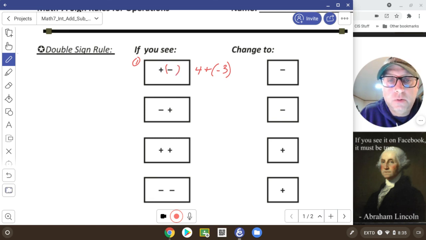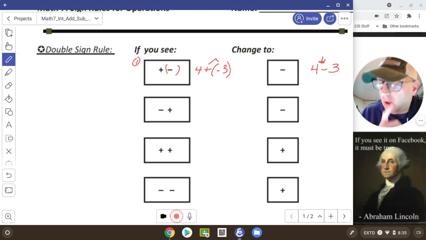So it's an adding of a negative. When we see plus minus in the middle of two values, it really means just a straight minus. So I can rewrite 4 plus negative 3 as 4 minus 3. The plus minus in the middle became just a single minus.